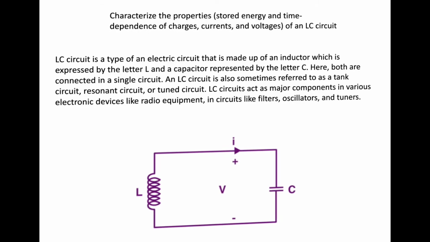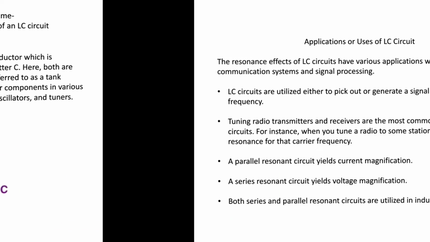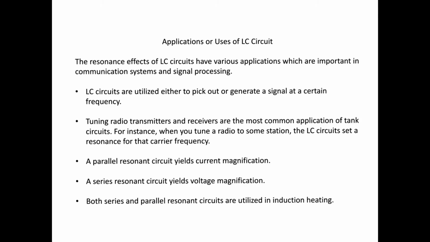An LC circuit is also sometimes referred to as a tank circuit, a resonant circuit, or a tuned circuit. An LC circuit acts as a major component in various electronic devices like radio equipment or circuits like filters, oscillators, and tuners.